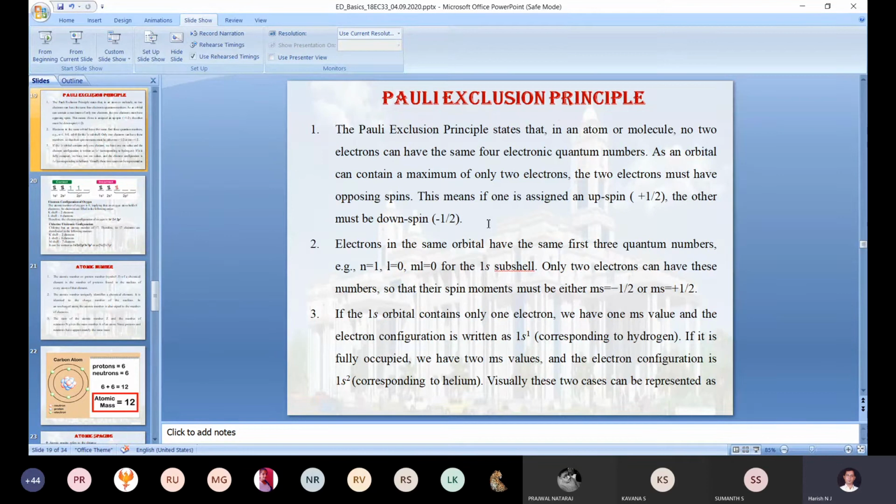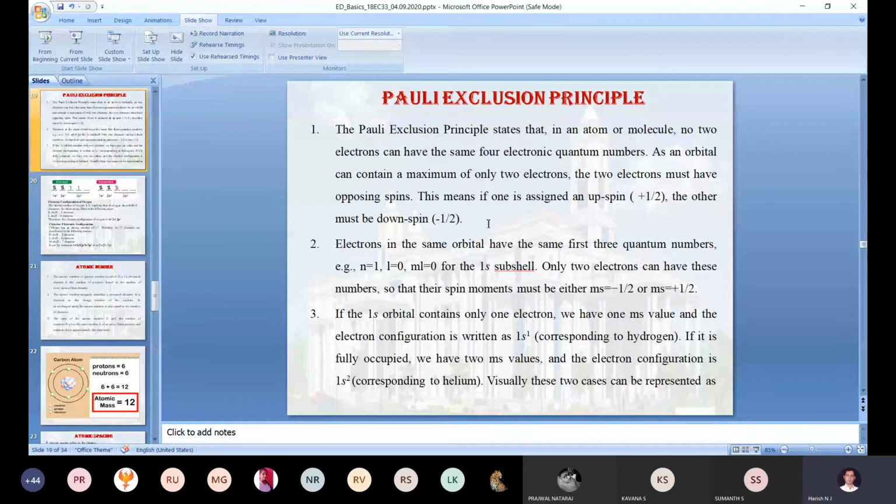Out of these, the 3 quantum numbers will be the same for 2 electrons, but the spin will be different, so that one electron differs from another within the subshell or shell itself.